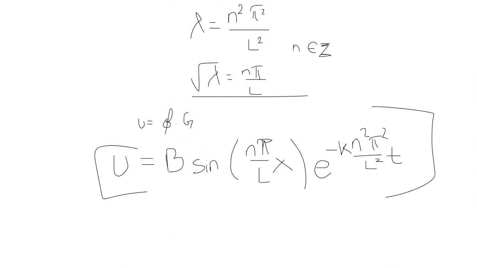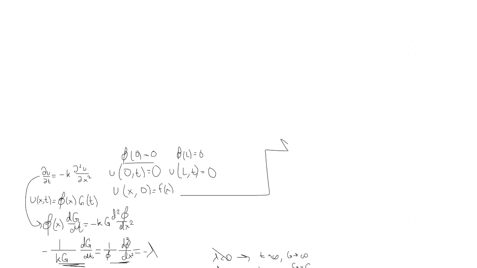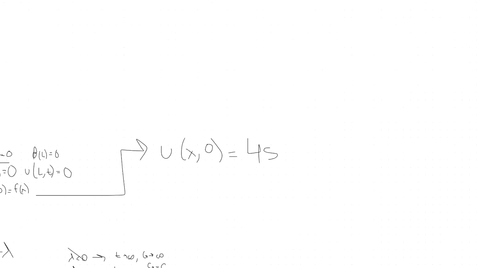And what that means is that we now need to evaluate B and n given any certain initial condition. So for example, if our initial condition is U of x comma 0 equals, say, 4 sine 3 pi over L x, right?